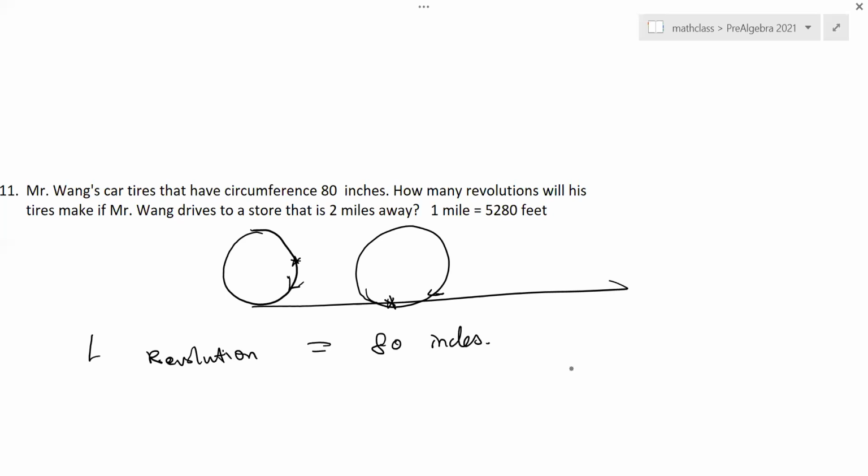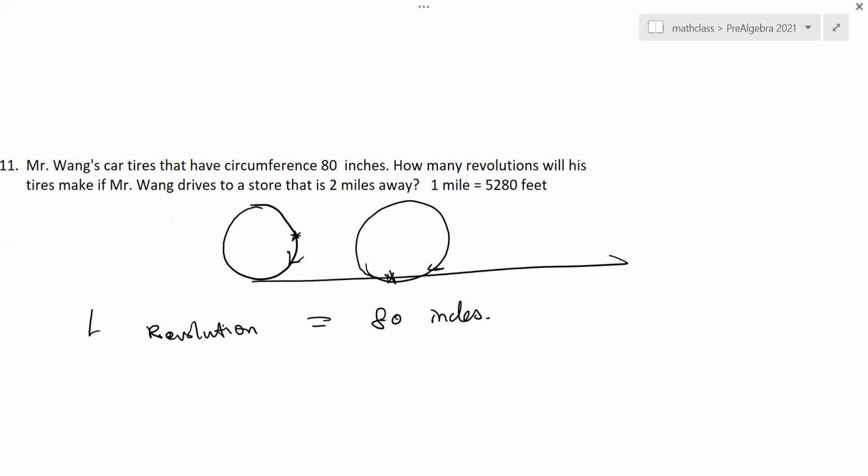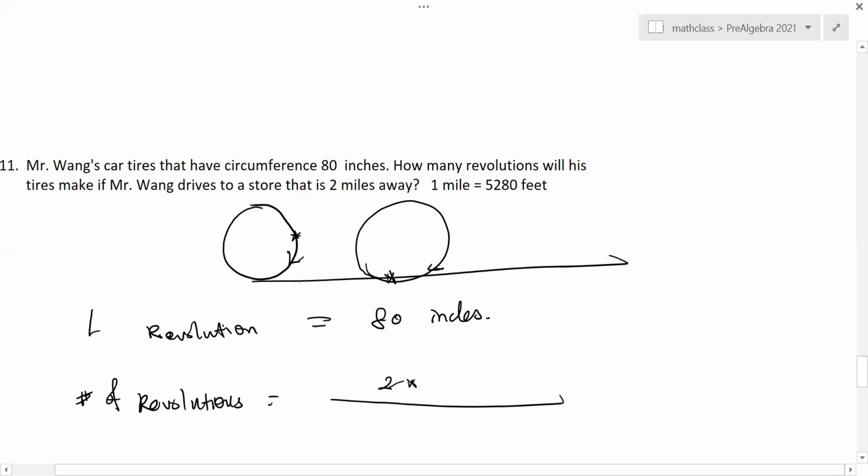So that means all you have to do is the total distance divided by the distance it travels for one revolution. So the number of revolutions is the total distance, 2 miles times 5,280 feet, and you convert it to inches, 1 foot equals 12 inches, and divide by 80.